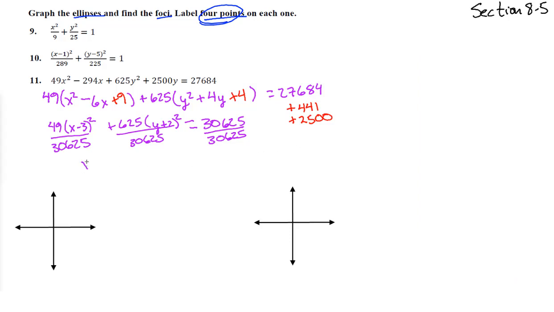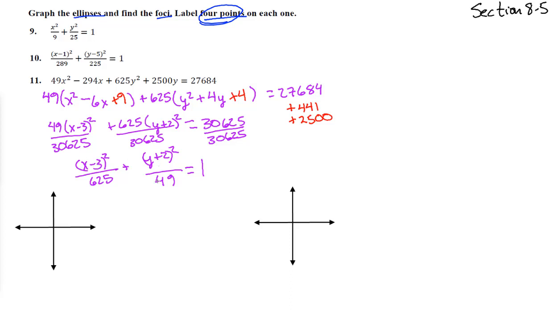So we have x minus 3 squared over, this will cancel and leave 625 on the bottom, plus y plus 2 squared over 625 will cancel and leave the 49 on the bottom. They don't always switch places, but usually in making one of these up, whoever made it up will probably get them to work out nice. Equals 1.